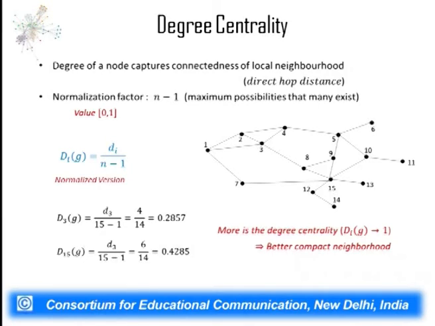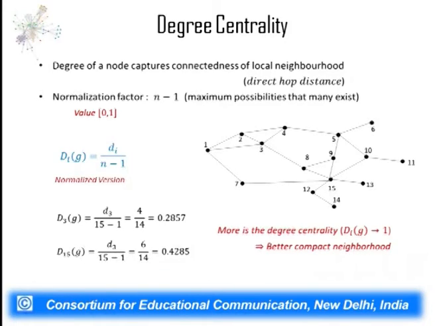In this example, we can see that we have a nice graph of 15 nodes. Say, for example, we want to find out the degree centrality of the third node. How are we going to find it? We are simply going to count the number of links associated with that particular node, that is, how many links it is sharing with its neighbors.